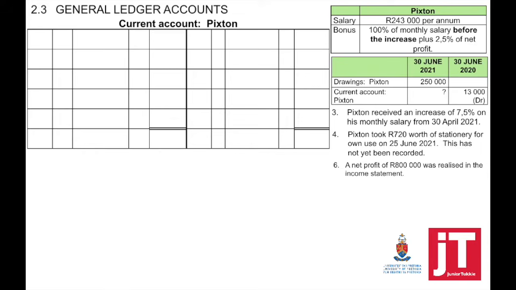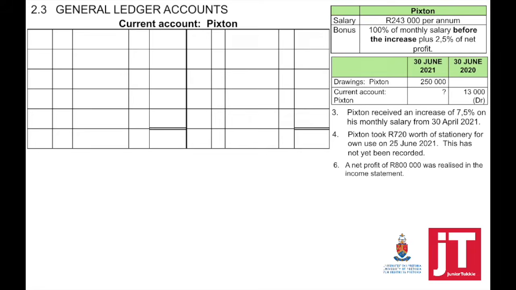This means that drawings is closed off to the current account. Then we need to calculate our final distributions of profits because he's entitled to secondary or final distributions of profits as well, based on a specific ratio agreed upon.